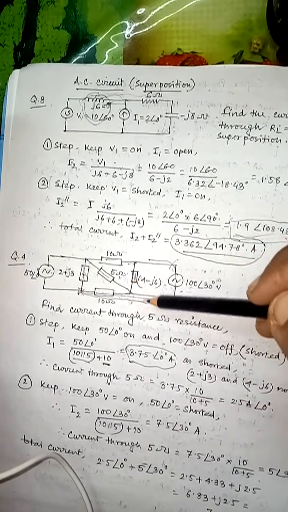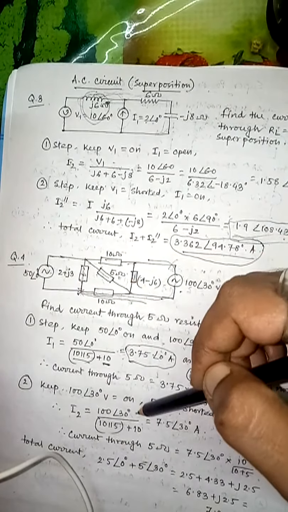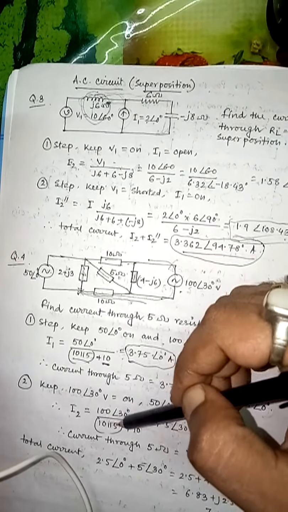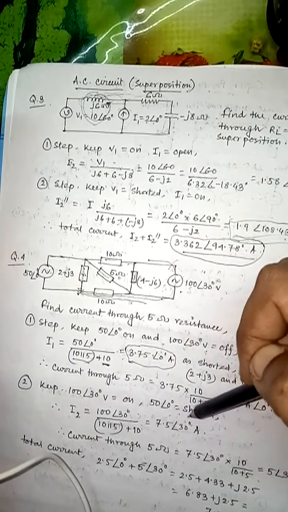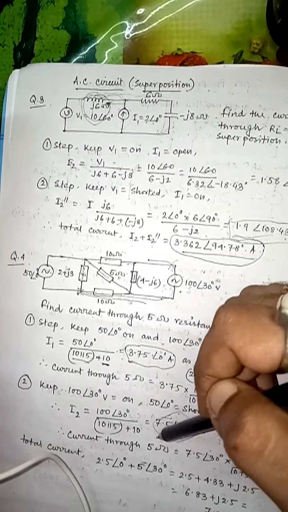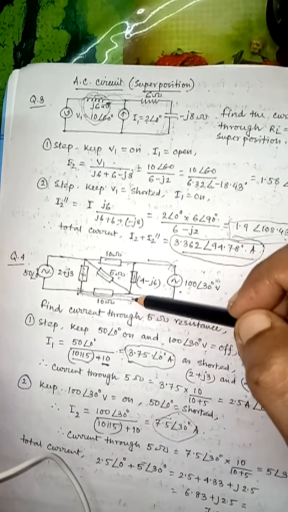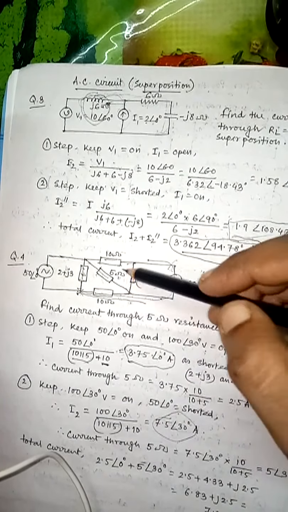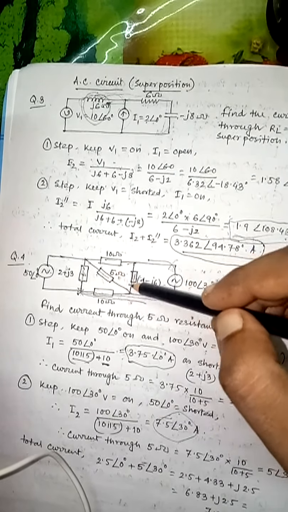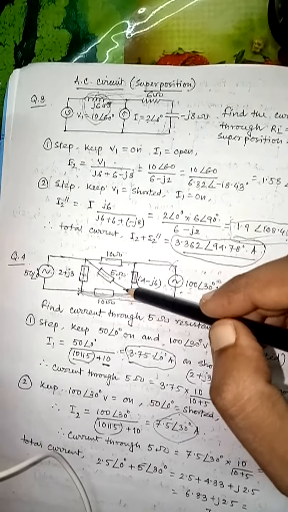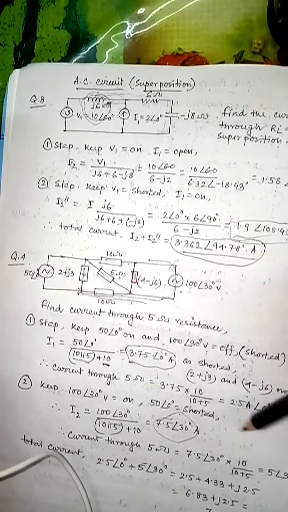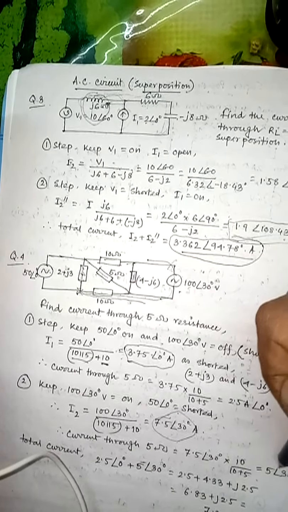Finally it is 100 angle 30 over 10 plus 5 parallel 10, so it is 7.5 angle 30 degrees. The current through that 5 ohm resistance follows the current divider, 10 by 10 plus 5, so finally it is 5 angle 30 degrees.